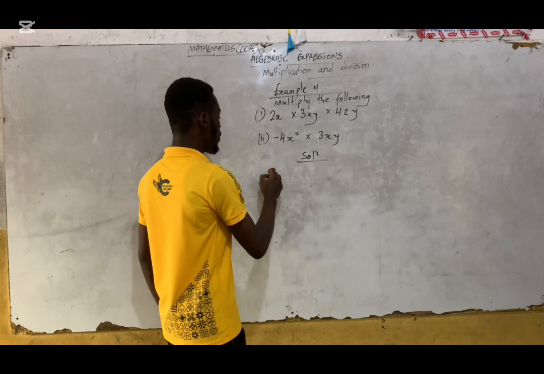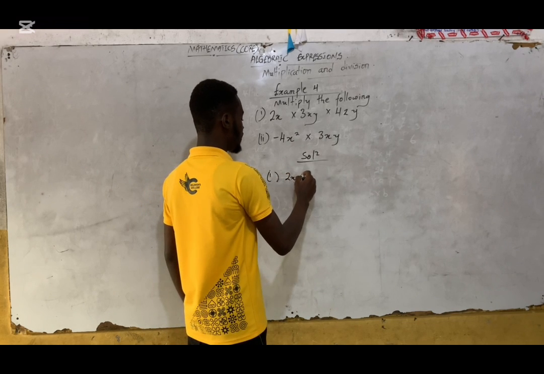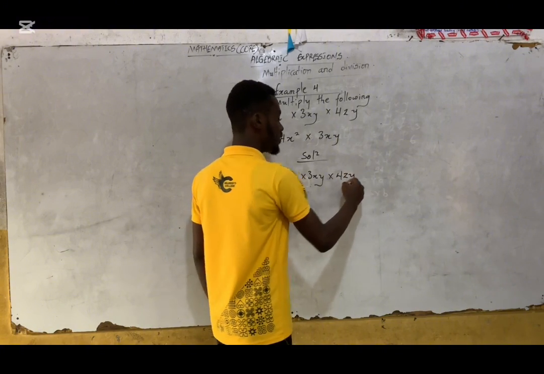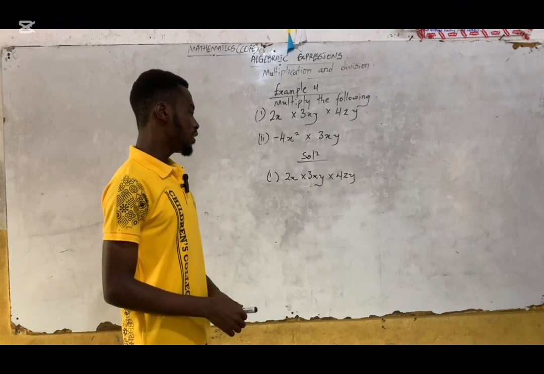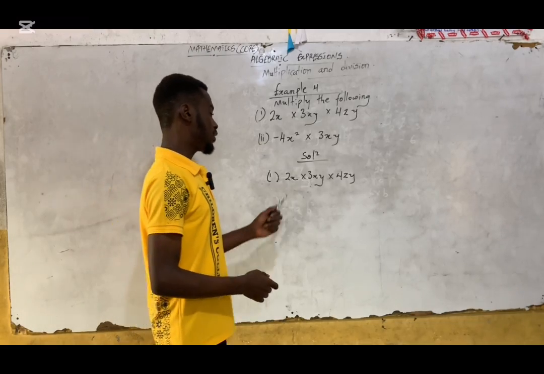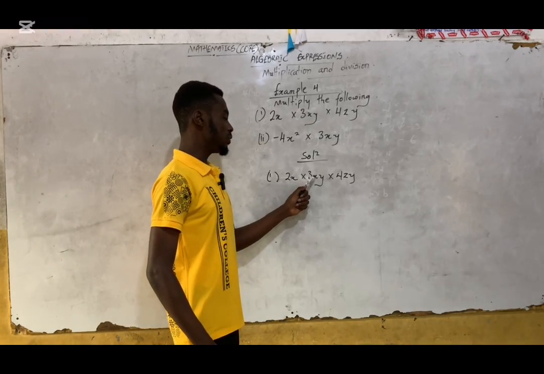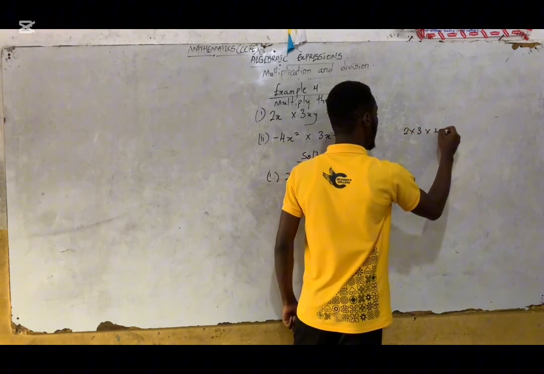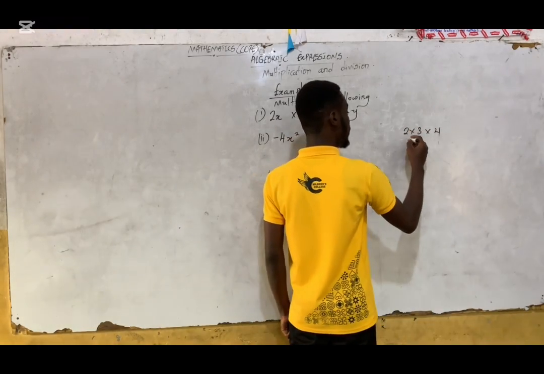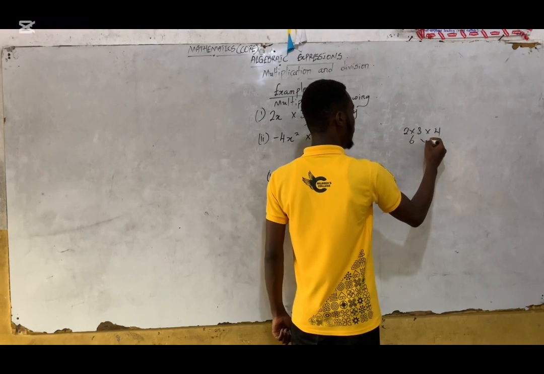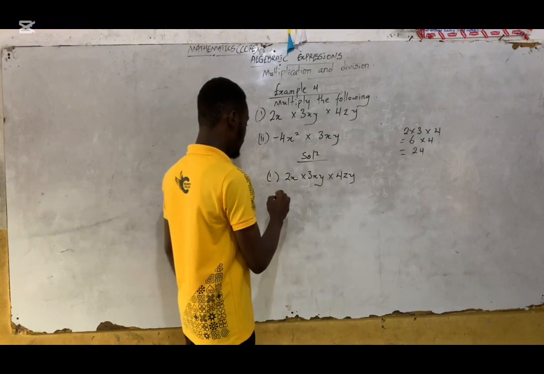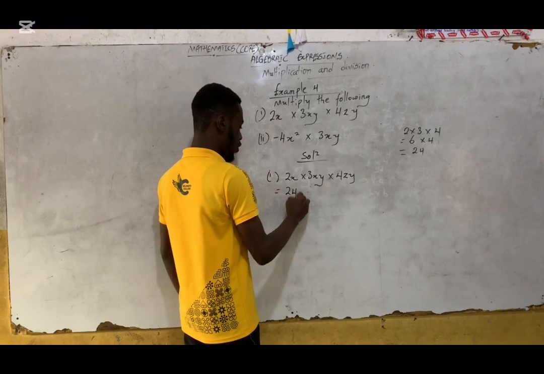Now the first one, we are multiplying 2x by 3xy by 4zy, right? Remember, we multiply numbers first. So here you're multiplying 2 times 3 times 4. 2 by 3 gives us 6 by 4. 6 by 4 gives us 24, alright? So we have 24.